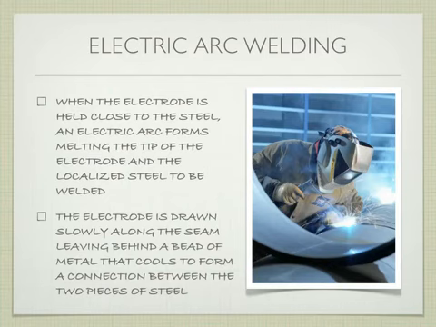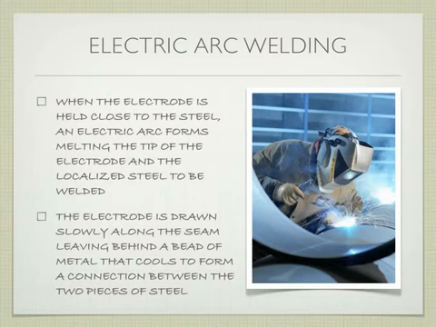That electric arc melts the tip of the electrode and the steel right next to it, that is supposed to be welded together. The electrode is then drawn across the joint, filling up that joint and making that seam with a bead of metal that cools to form the connection between the two pieces.